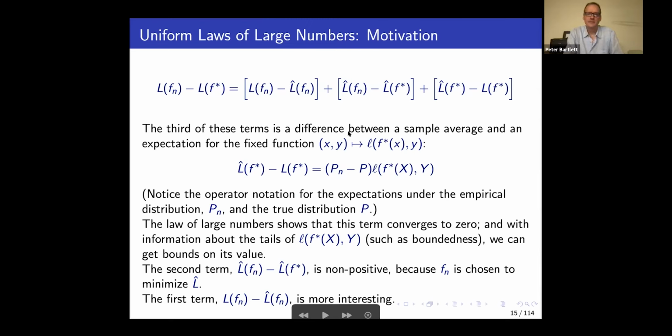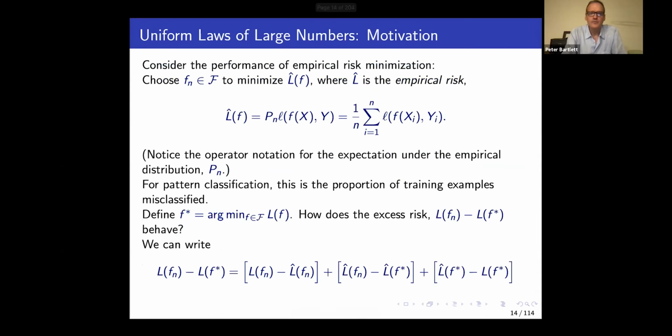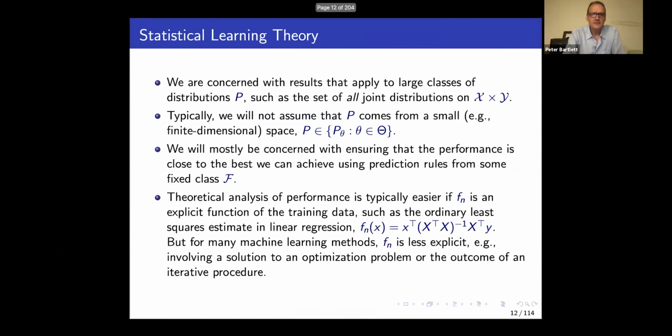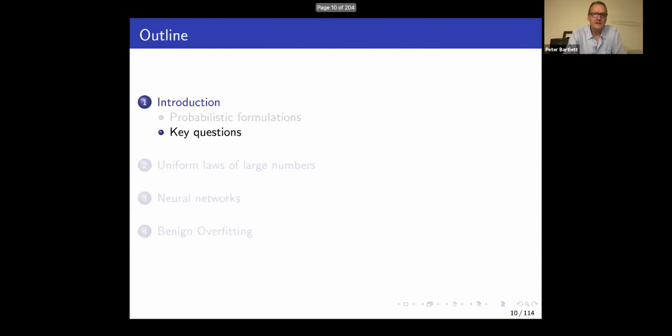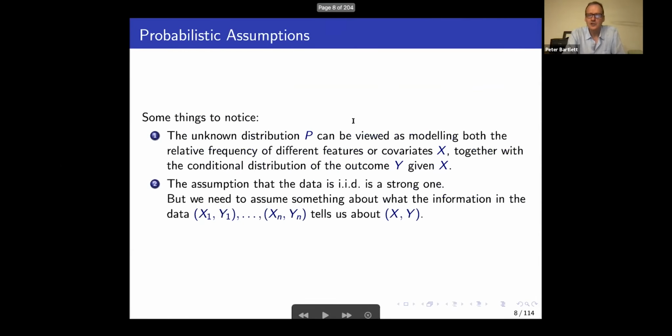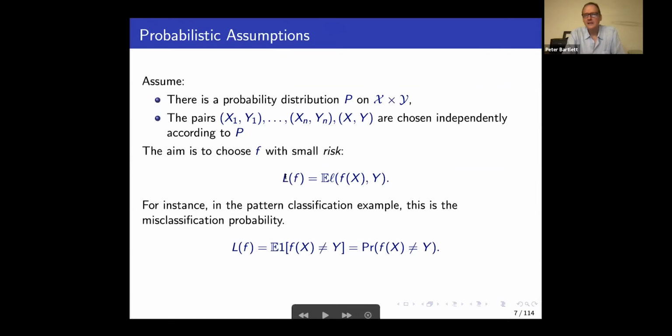Right, so going back to the definitions here, where did we write the loss? L of F is the expected loss under a random XY pair.